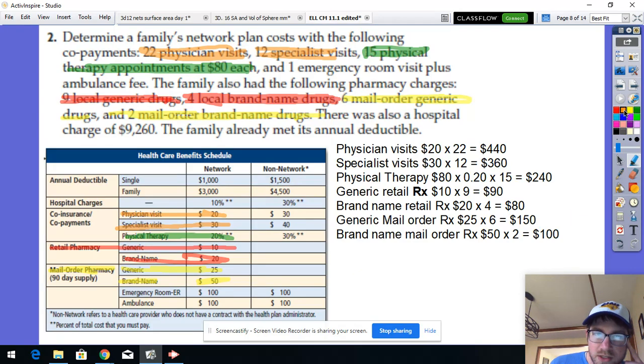Okay. You'll notice that I glossed over a couple of other little things, though. It does say that they made 1 emergency room visit. Now, that didn't come up on the last problem. 1 emergency room visit plus ambulance fee. How much does that cost, according to our plan? Emergency room, ER. Down here says $100. Just flat $100, and also ambulance right behind that is another $100.